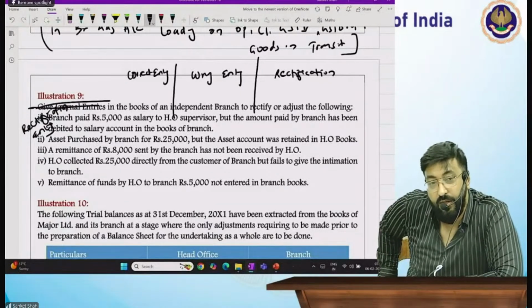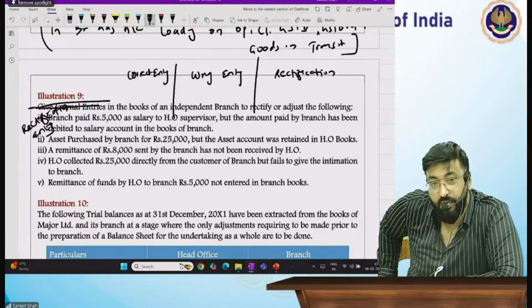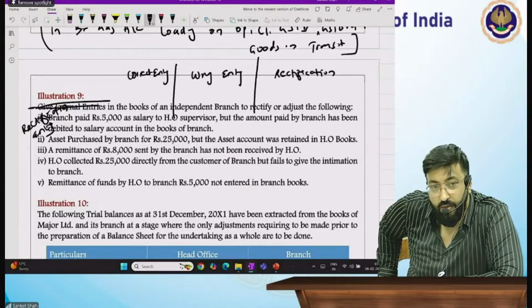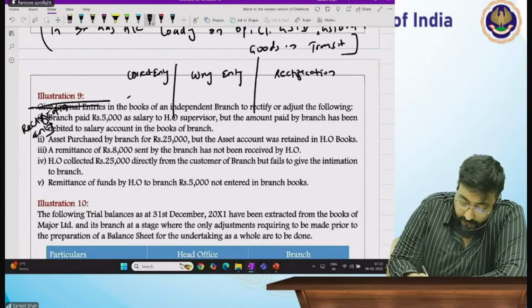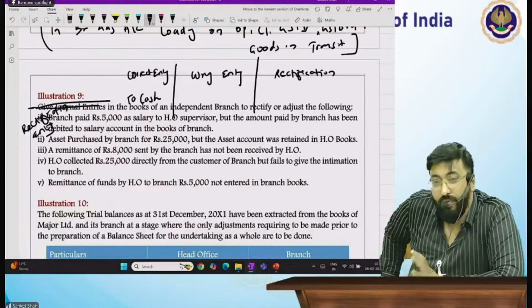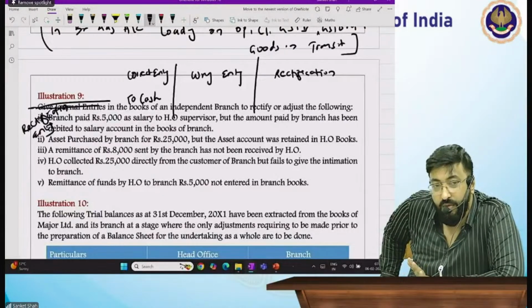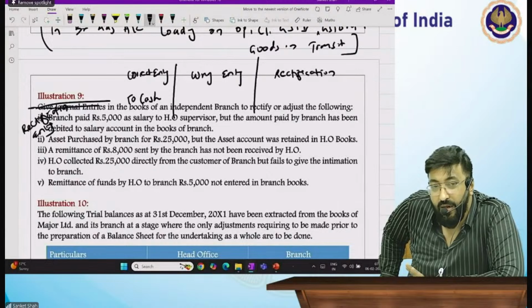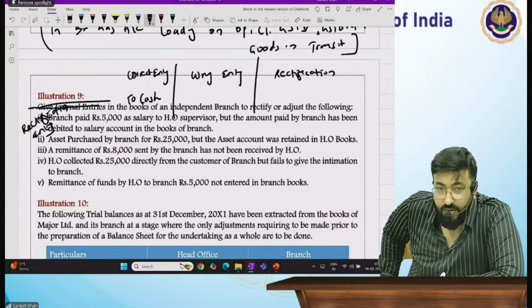So what is the correct entry the branch should pass? Salary to head office? No. They are paying salary in cash, so cash goes out. Wait, beta, wait, Vaidehi. Whether this salary belongs to branch?